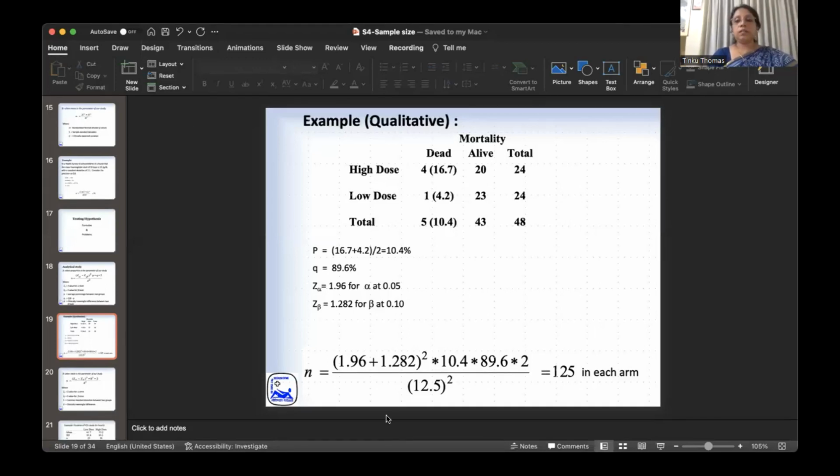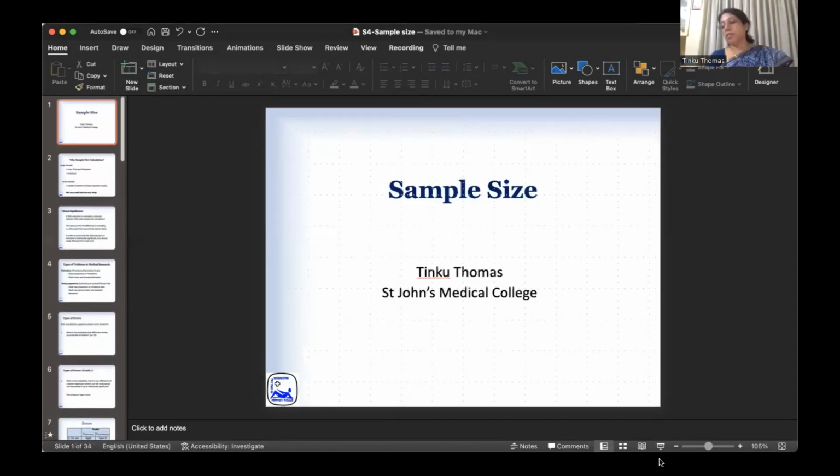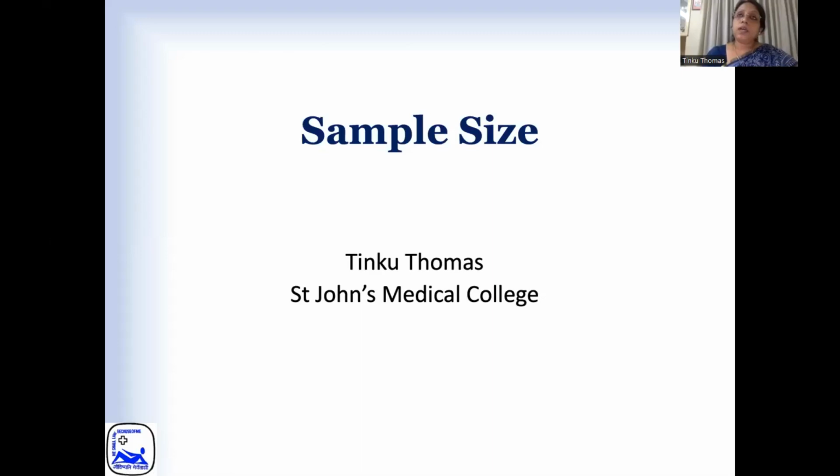Okay, so this last session is about sample size calculation. I've not done much of data science, so I'm not sure how much sample size calculations are actually done in data science per se, because usually in data science you deal with much larger sample size than typical research studies in public health or clinical sciences.